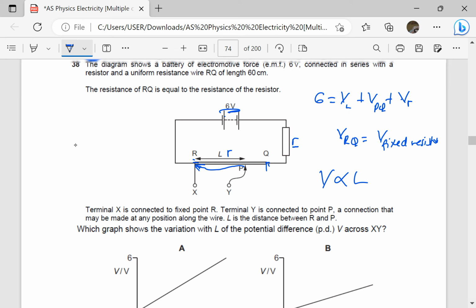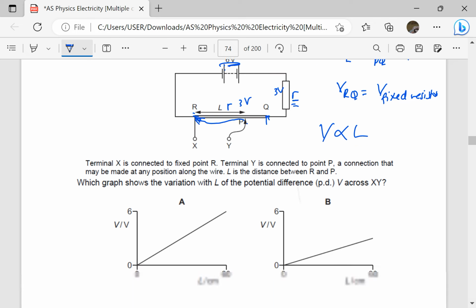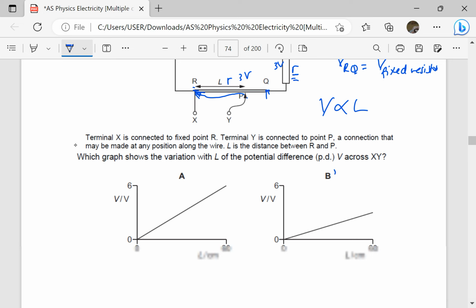And since the total should be 6 volts, so the PD across RQ plus the PD across the fixed resistor should give us 6, which means when P is at Q, the PD across RQ is half of 6, which is 3 volts. This one is also 3 volts to give us a total of 6. Therefore, our correct answer is going to be B.